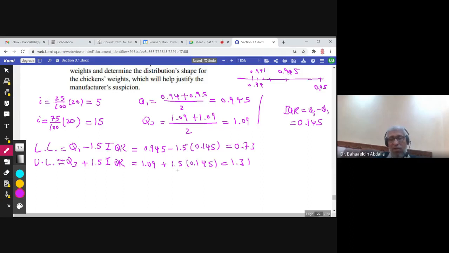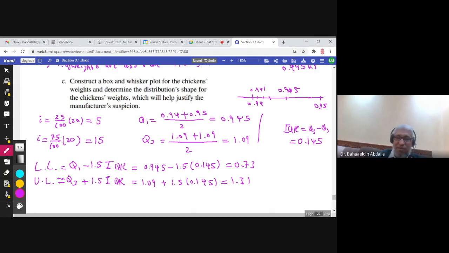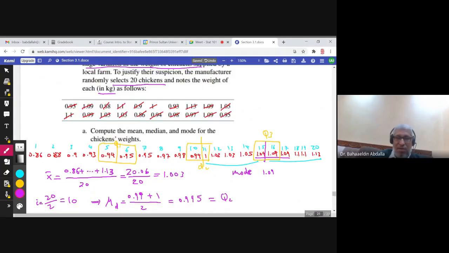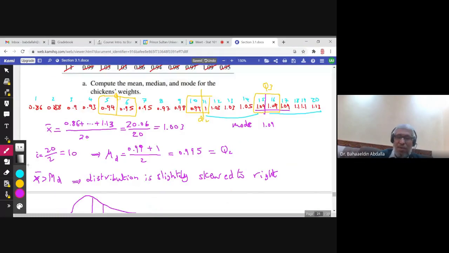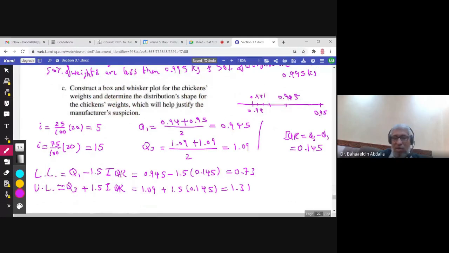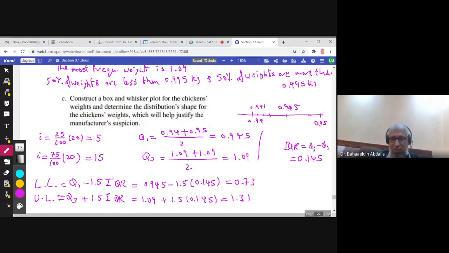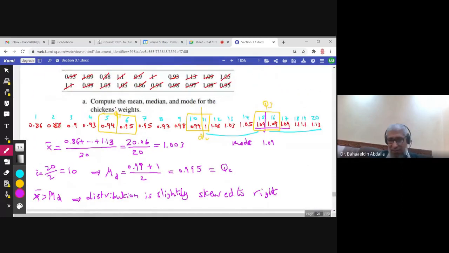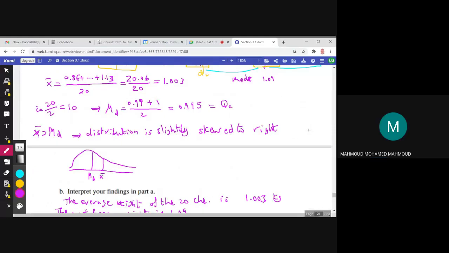Now, after you have the lower limit and the upper limit, you can determine the outliers. If you look at the data, the lower limit is 0.73. The smallest number in the data is 0.86. So there is nothing less than 0.73. So there is no outlier to the left. The upper limit is 1.31. The maximum number in the data is 1.13, and that's less than 1.31.